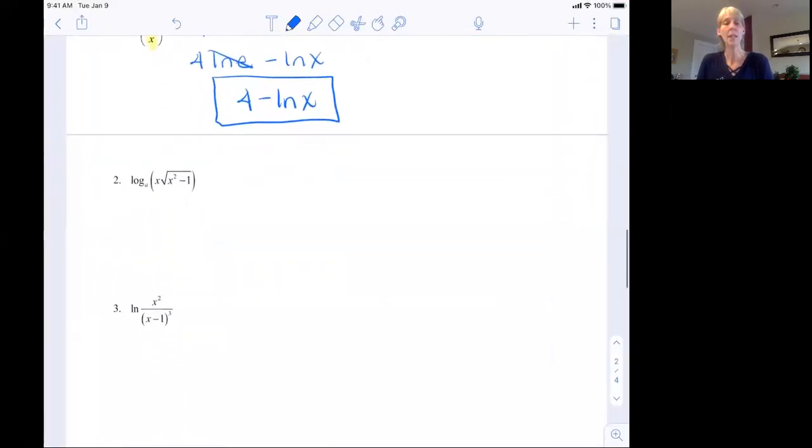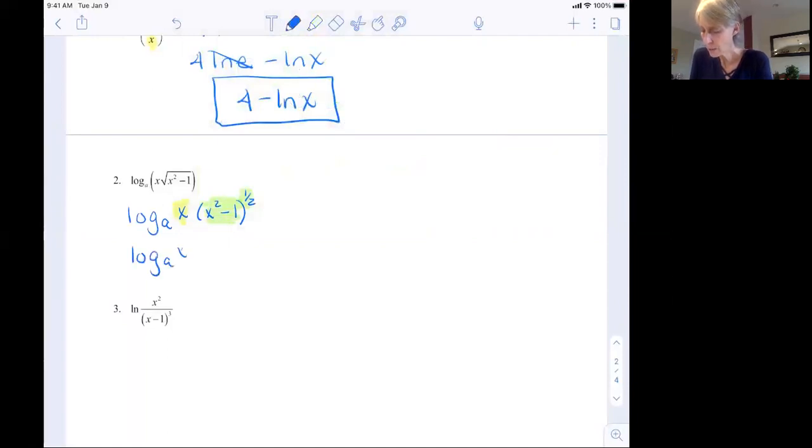In the next example, log base a of x times the square root of x squared minus 1. First thing I want to point out to you is that our log properties do not apply to square root signs. So whenever you have a radical sign, you're going to have to rewrite it with a fraction power. Now I have two factors, so this is going to split up and be rewritten as two logs, both base a.